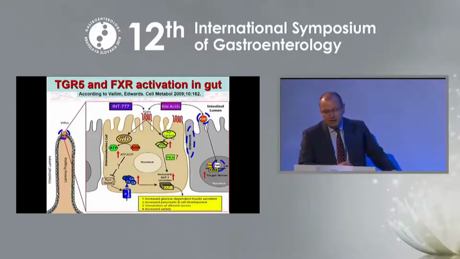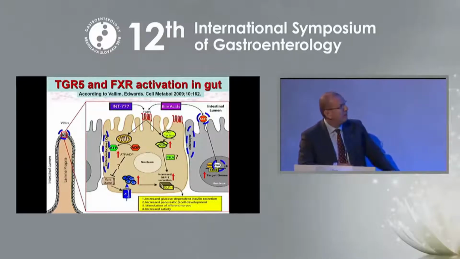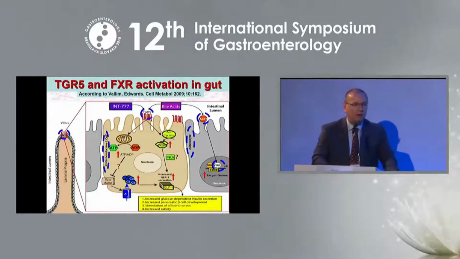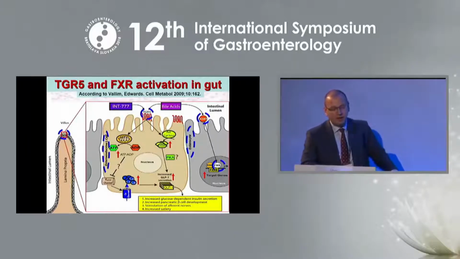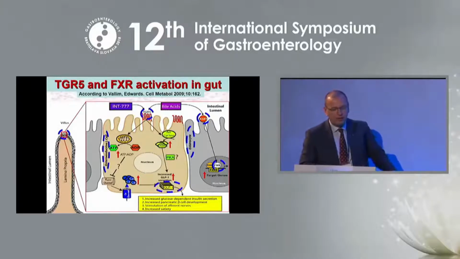And as you may see, bile acids can stimulate the FXR nuclear receptor. The second population of cells in this compartment is the enteroendocrine L cell, which is equipped with the TGR5 receptor, which, using a little bit complicated pathway, leads to secretion of glucagon-like peptide 1.